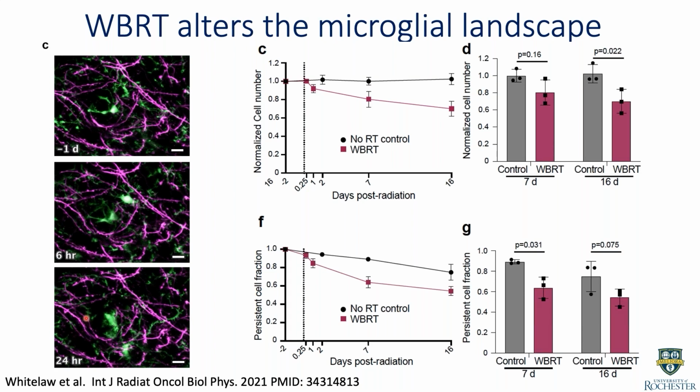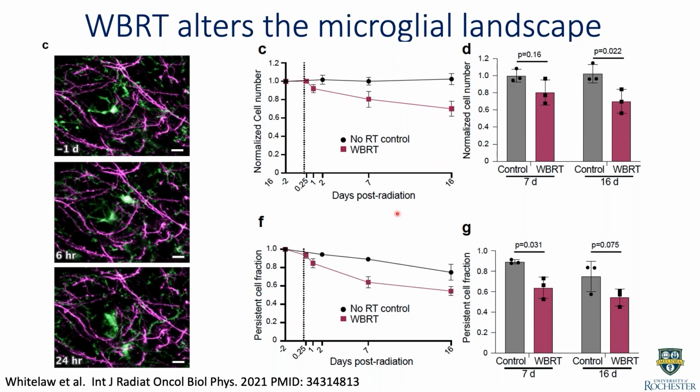And the microscope we use to visualize the movement or death or change of these green GFP expressing microglia or the maroon expressing dendrites. So we can image the same field to look at the movement and death of these microglia and dendrites with time post-RT, and we did that for up to 16 days.